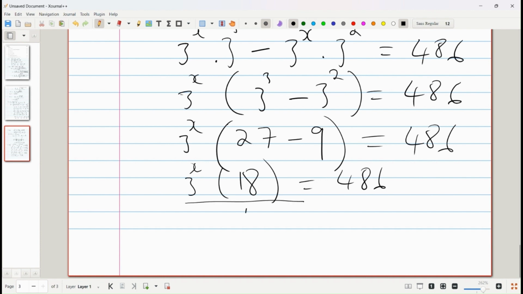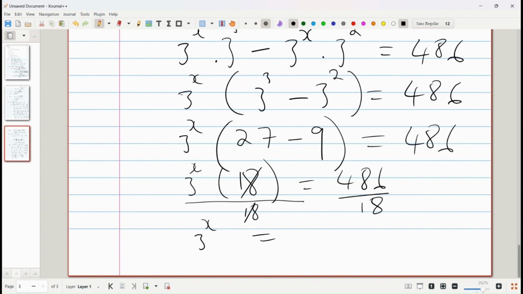Can divide by 18 and also divide this side by 18, because what you do on your left hand side you also do on your right hand side. So this will cancel. We'll be left with 3 to the power x equals to 486 divided by 18. So you can calculate it and confirm.